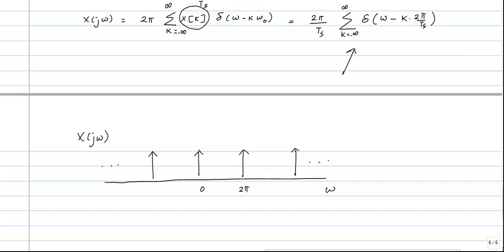The important thing to note is that the spacing between the impulses is given by 2 pi over t sub s, and the strength of these impulses is also 2 pi over t sub s. They're all of the same strength. Okay. Now this is an important result to remember. Particularly we will use this in sampling.